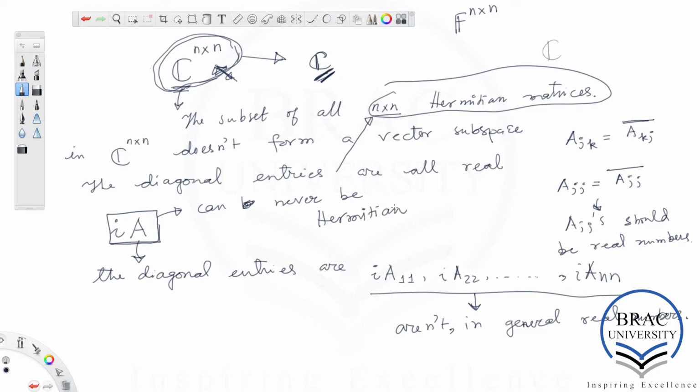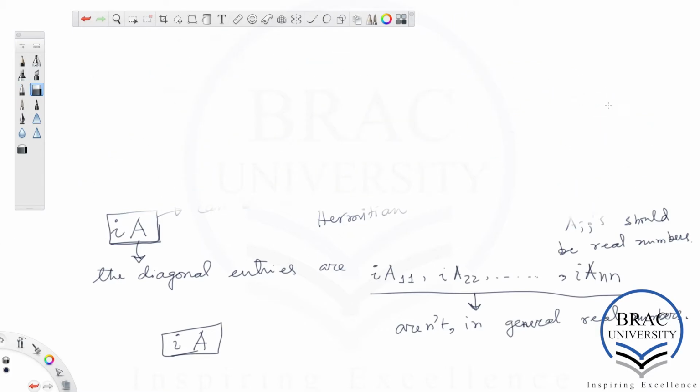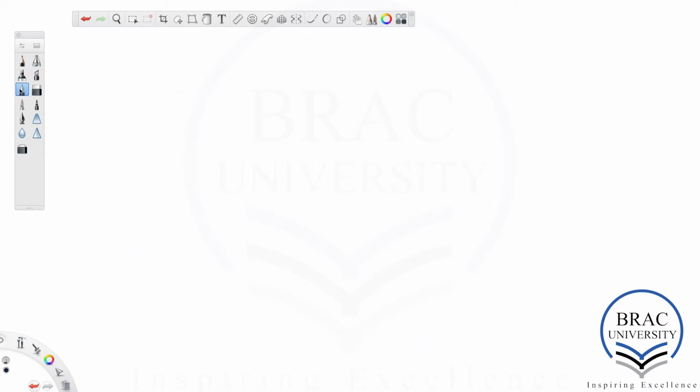So we have seen that although A is a Hermitian matrix, the scalar I times A is not a Hermitian matrix, meaning that the subset of all n times n Hermitian matrices of C to the n cross n is not closed under scalar multiplication, so it's not a vector subspace of C to the n cross n.